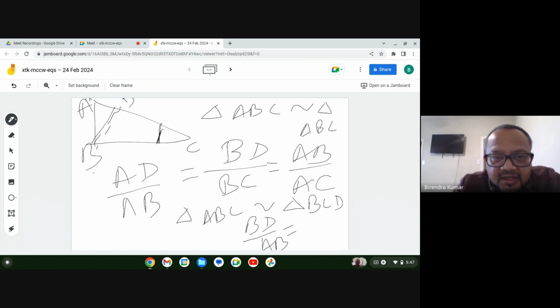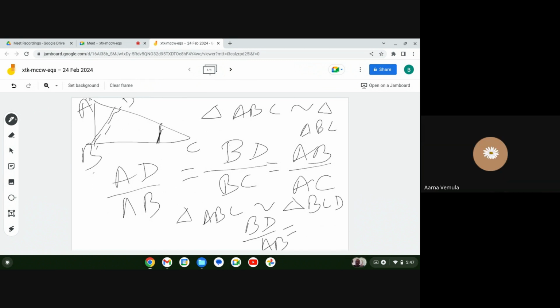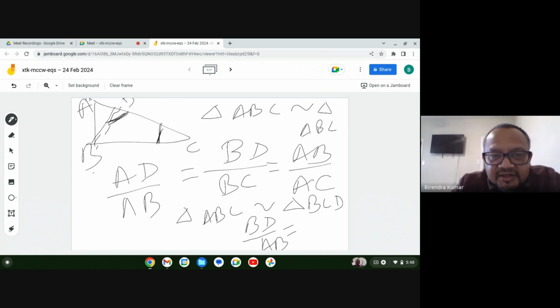Now look at the second angle. The side opposite to this one is BC, divided by the matching angle in the large triangle, which is this one. So the side will be AC.